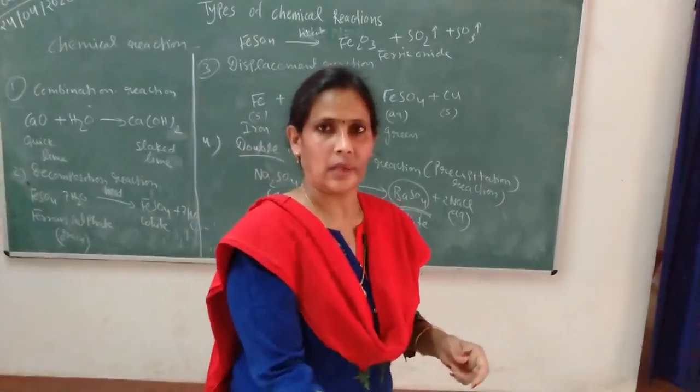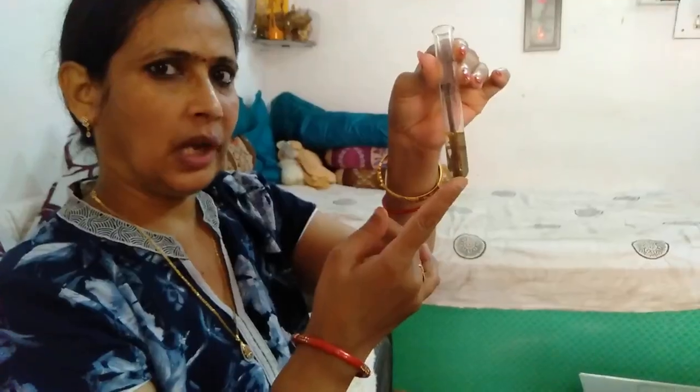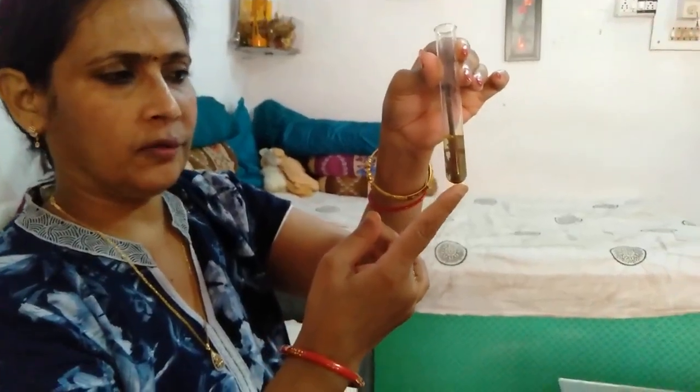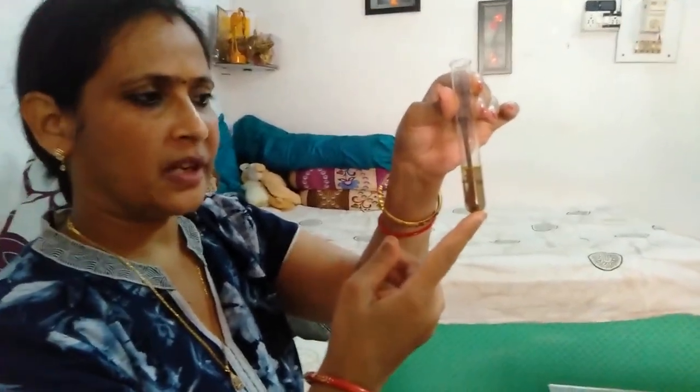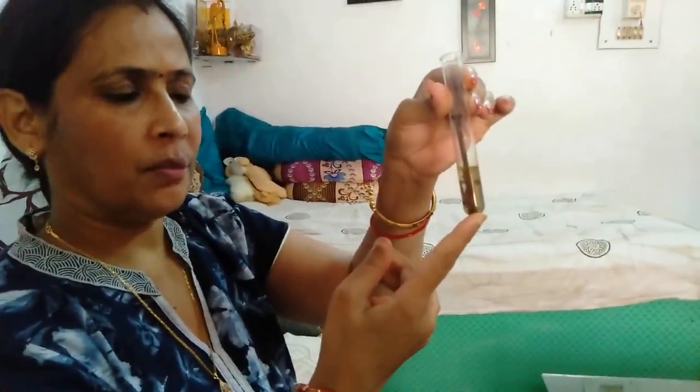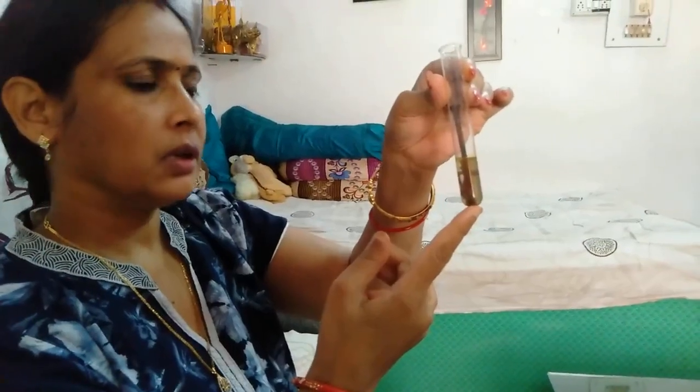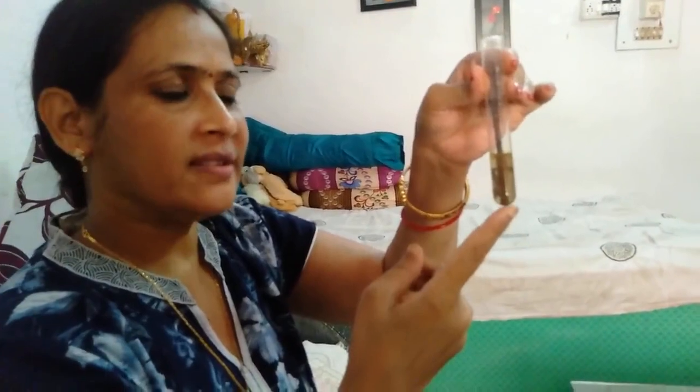Okay, thank you. Now this is the result of the displacement reaction which I performed. You can see here the color of the solution changed from blue color copper sulfate to light green color ferrous sulfate solution.